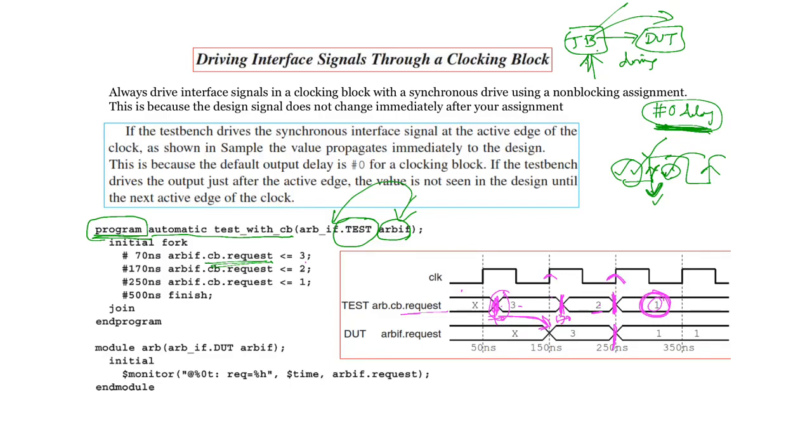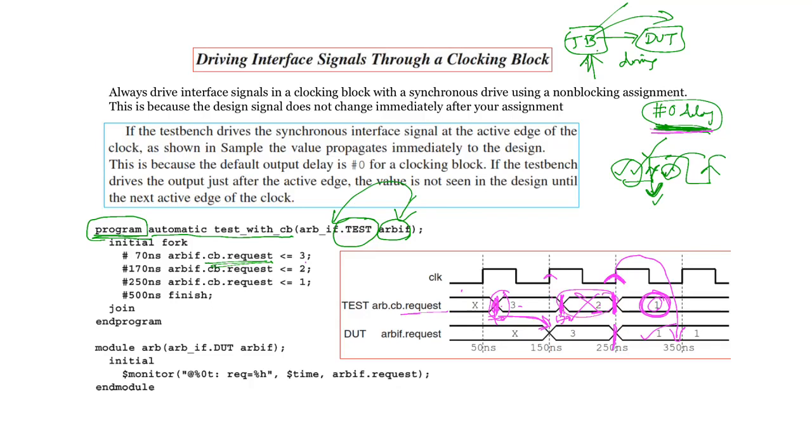At 250 you are changing request to 1, so this 2 will not appear because of the zero delay. Due to that zero delay, the signal 1, which is the output of the test bench, changes exactly at this edge and will be given to the DUT with no delay. So driving the interface signals to the DUT has zero delay by default.